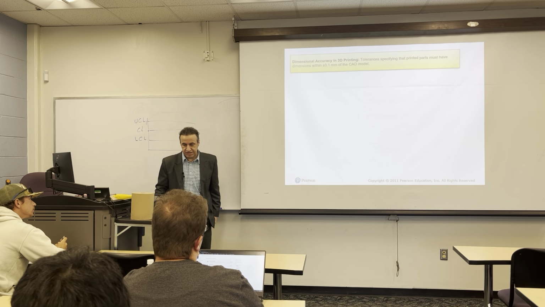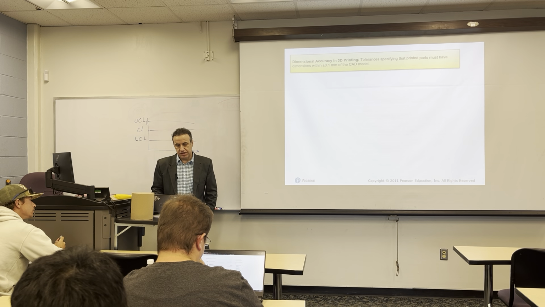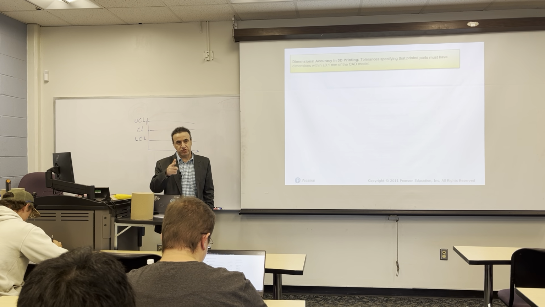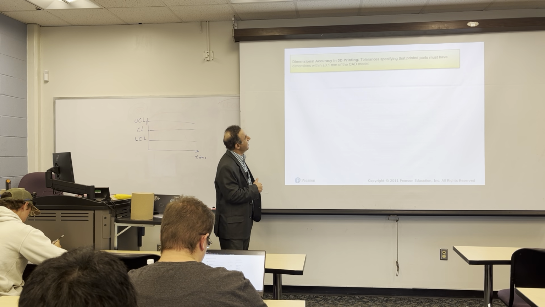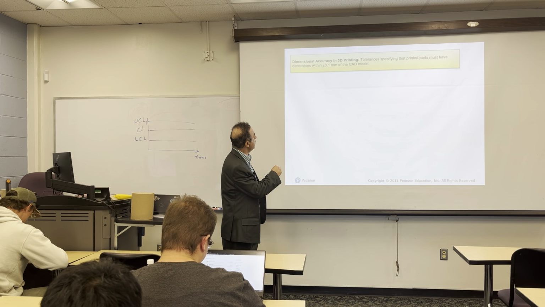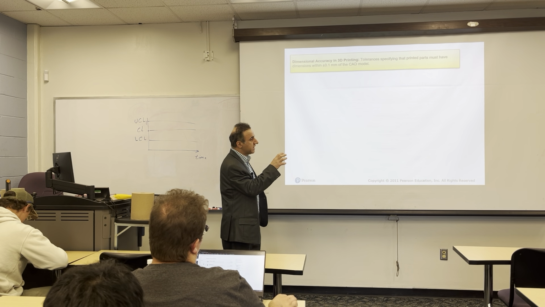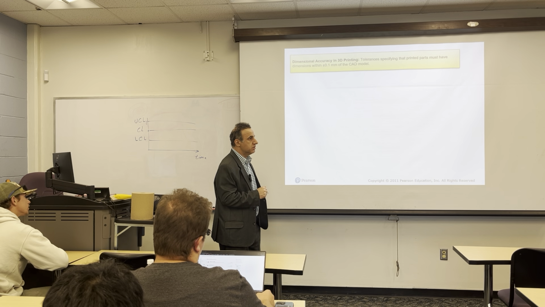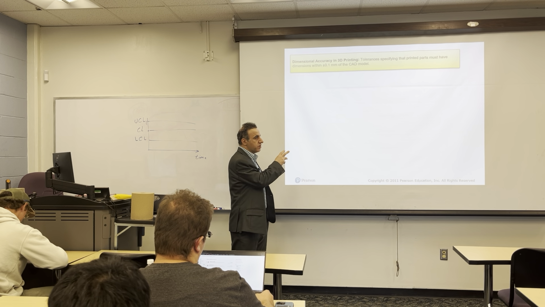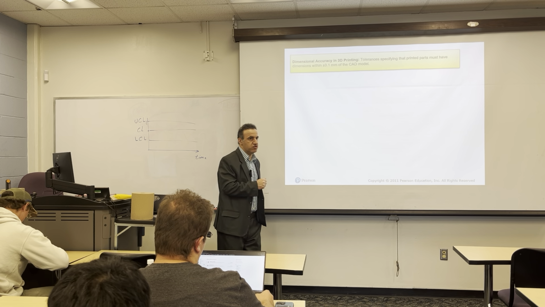Dimension accuracy in 3D printing: we have a tolerance specifying that the printed part must have dimensions within 0.1 millimeter of the CAD model. So is it a process control limit or a specification limit defined by the customer?